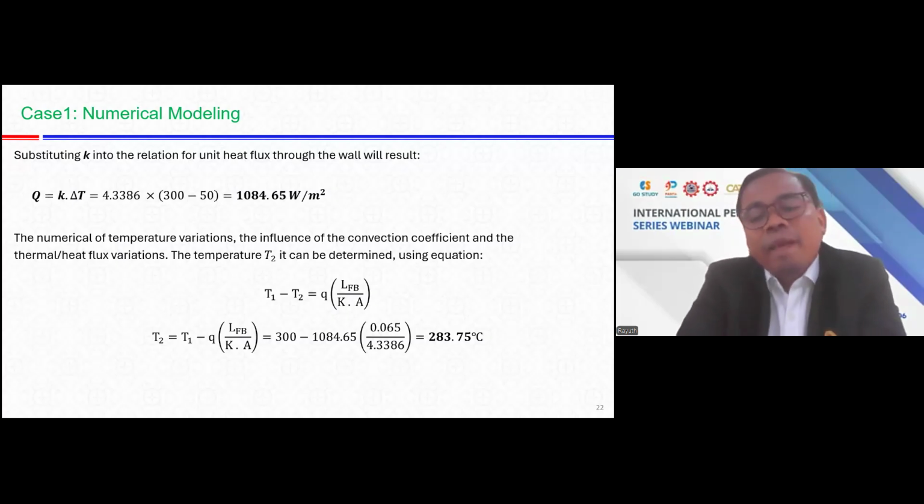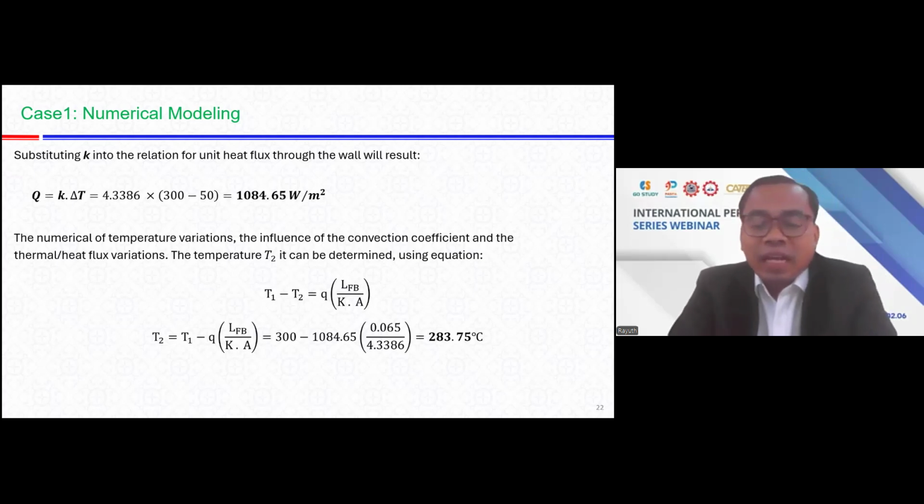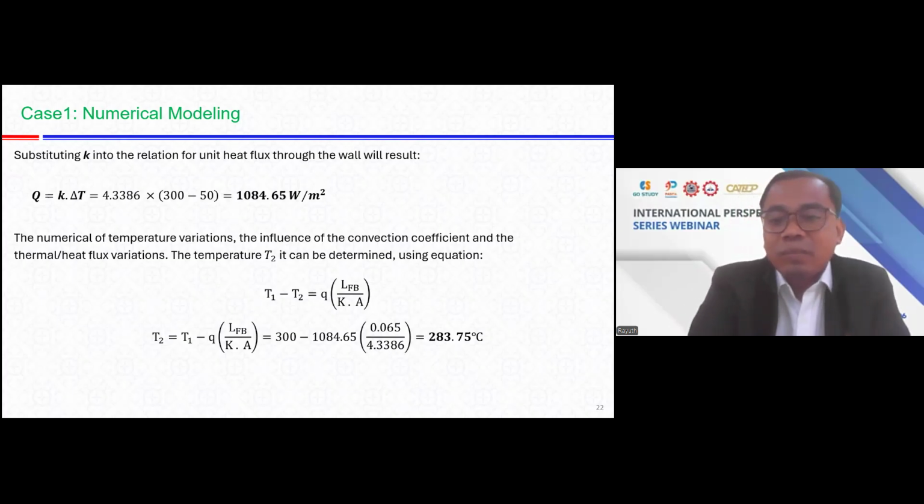So we substitute the numbers: T1 is 300 and Q we calculated is 10,084.65, multiplied by 0.065 divided by 4.3386. The answer is 283.75 degrees Celsius. You see the temperature slows down as it transfers.